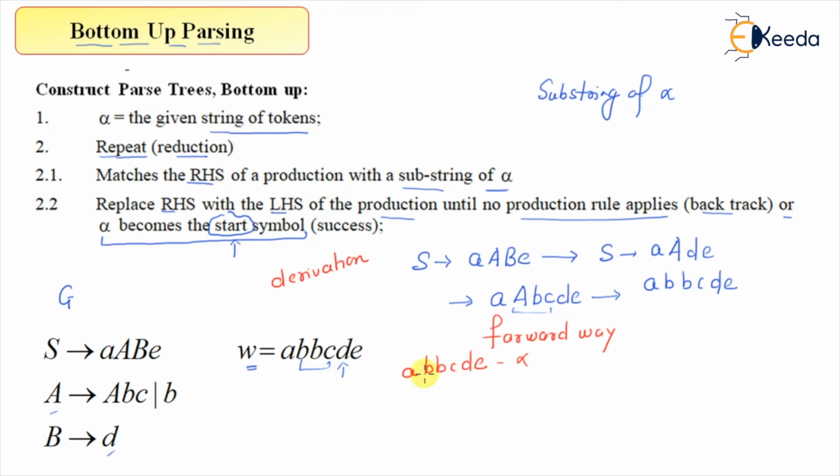Here we look for a substring. My substring for this alpha is B, and I'll take the production A derives B. I take the right hand side of the production and replace it with the left hand side of the production. So this will become a, capital A, B, C, D, and E.